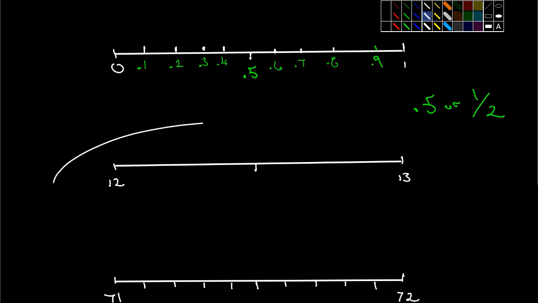On this one right here, where's 12.6? You recognize that this is the 0.5, so it'd be right about there. 12.6, 12.7, 12.8, 12.9. I'm going to write those down.